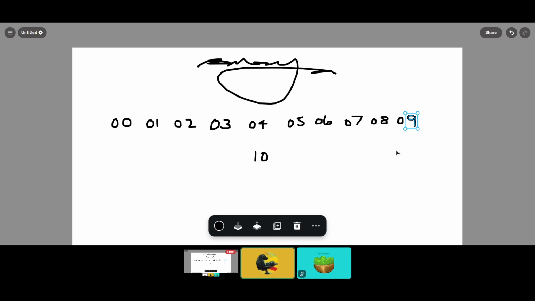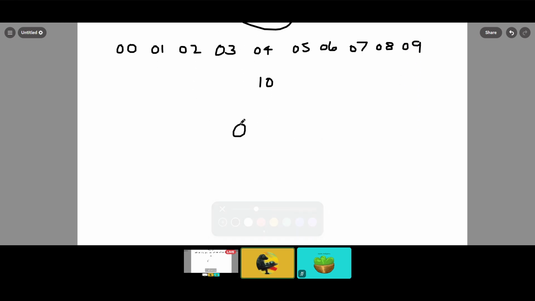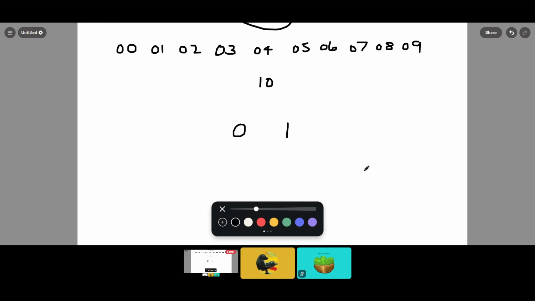So you can use the skills of deduction or inference. It's pretty easy to tell that binary only has two symbols in its entire counting system, and that is known as 0 and 1. That is the entire counting system.